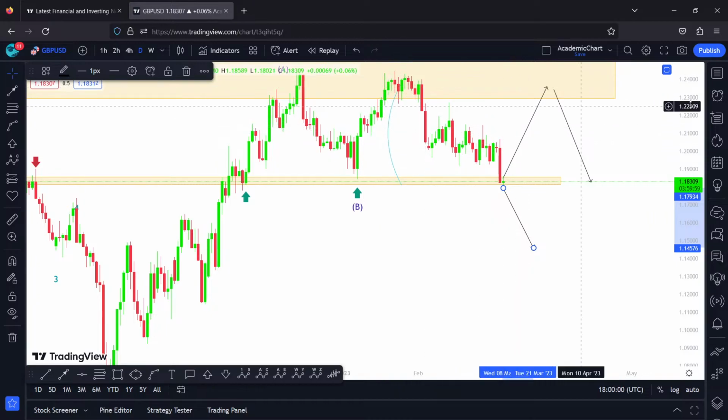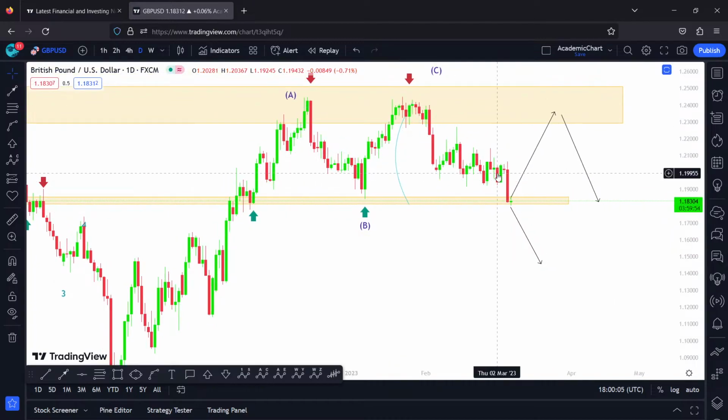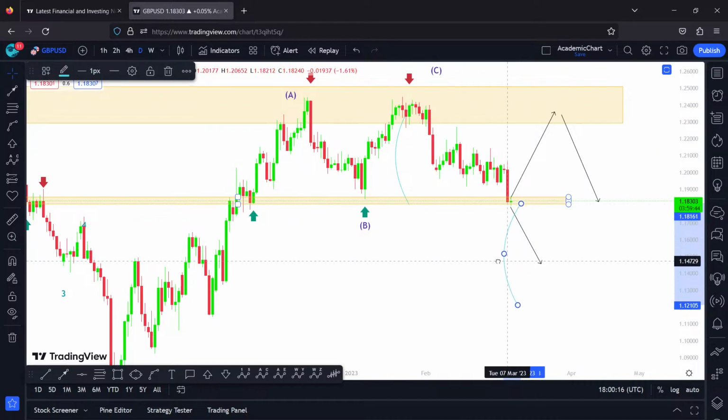But the double top pattern, the target of this pattern, when the bottom side of this pattern gets broken, you know that according to the technical analysis rules, it is going to drop or continue by the same amount as the distance between the bottom line and the top line of this.